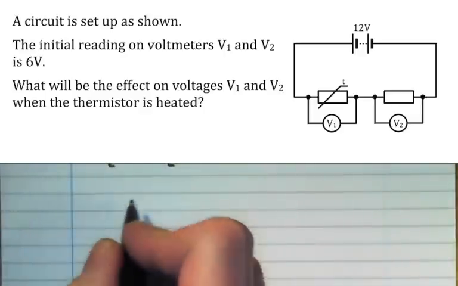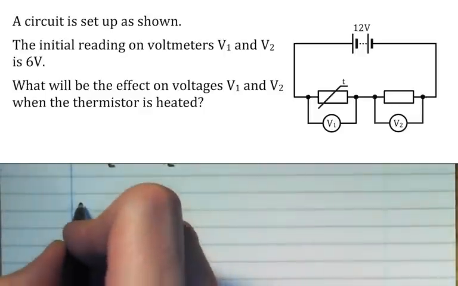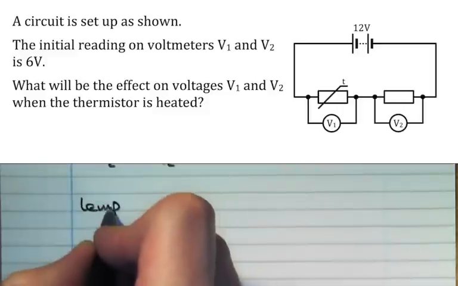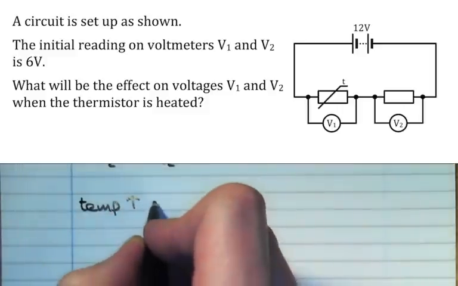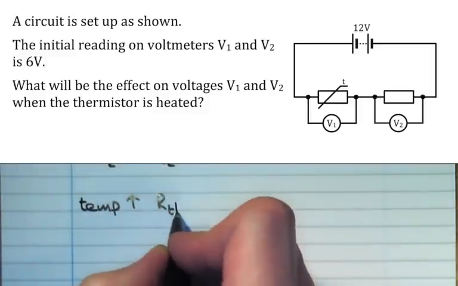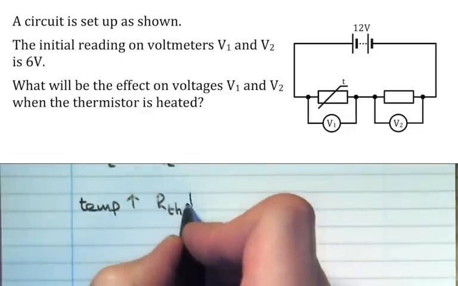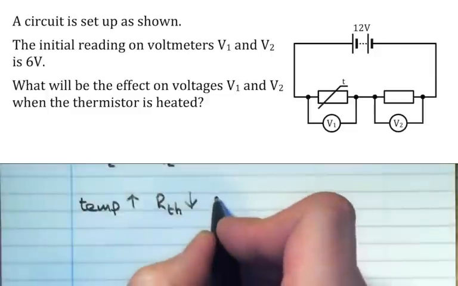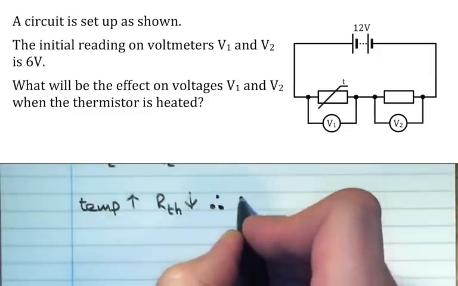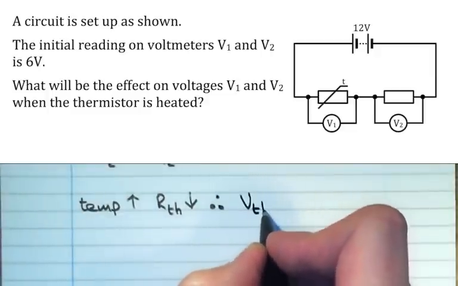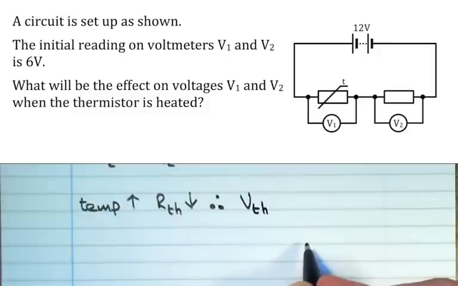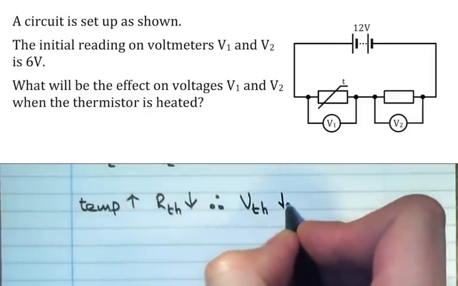So when the temperature increases, the resistance of the thermistor, RTH, is going to decrease, and therefore the voltage across the thermistor, VTH, decreases. As we said, the larger the resistance in a potential divider, the larger the voltage across it. So if that resistance is decreasing, the voltage across the thermistor is decreasing.